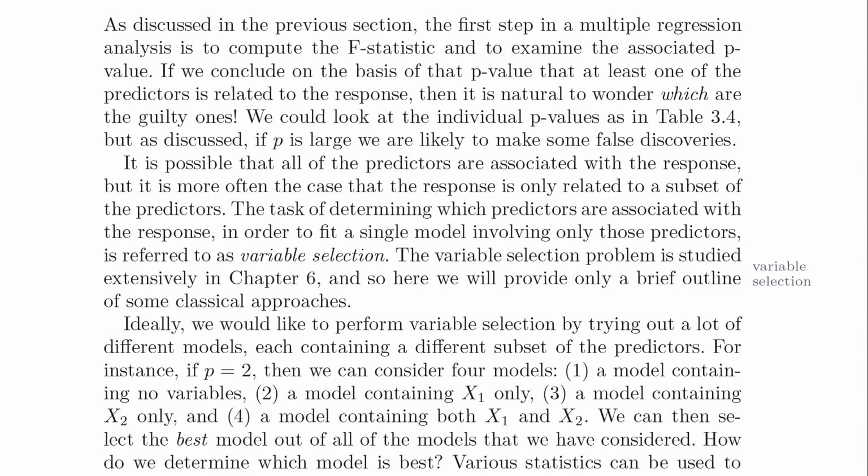So the first step is to compute the F-statistic and to examine the associated p-value. If we conclude on the basis of that p-value, and you calculate the probability using an F distribution, so not a normal distribution, not a binomial distribution, not a uniform distribution, not a T distribution, but an F distribution.